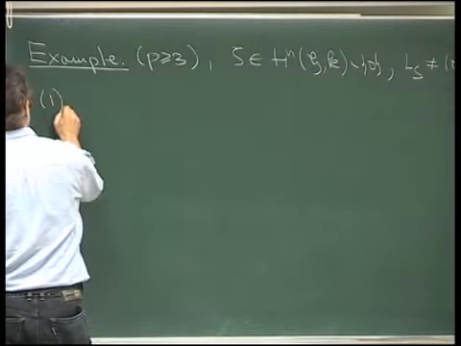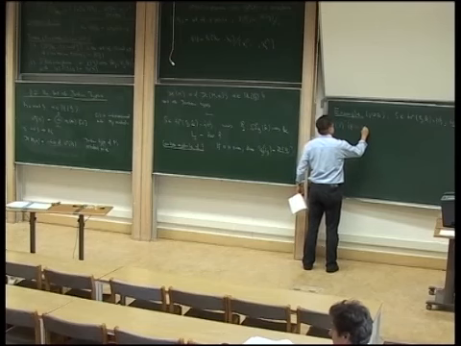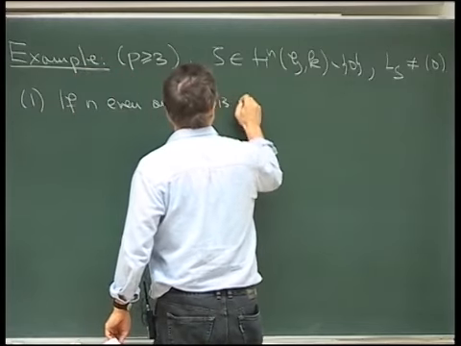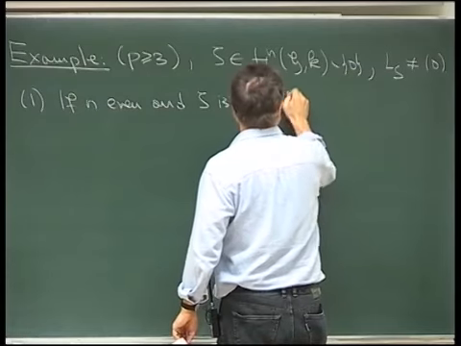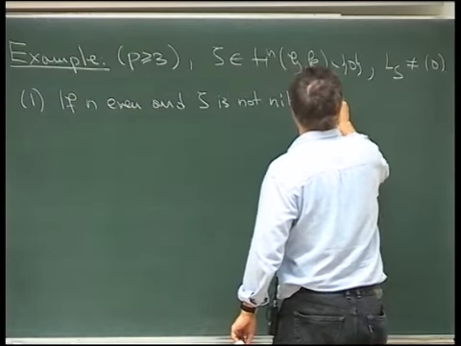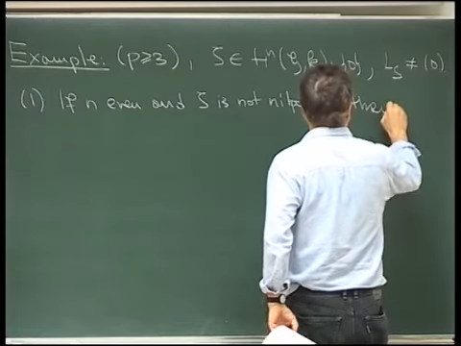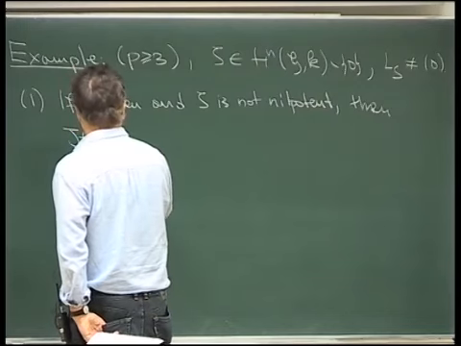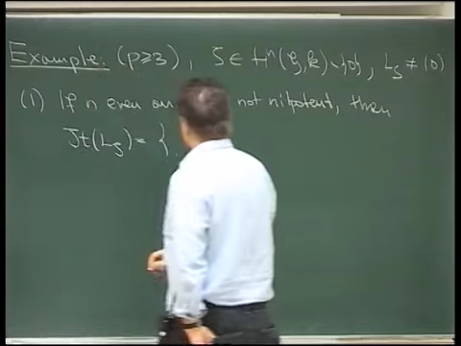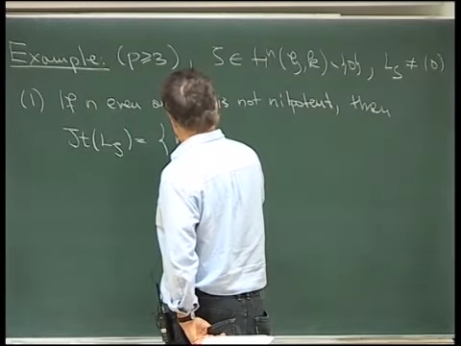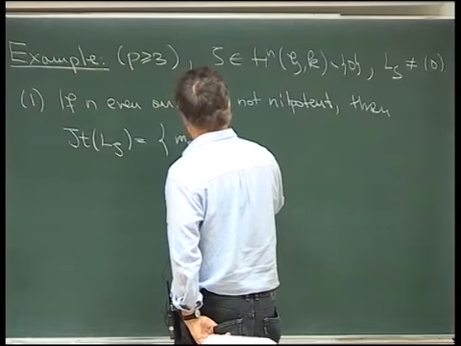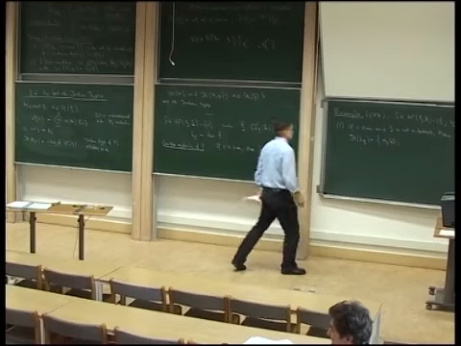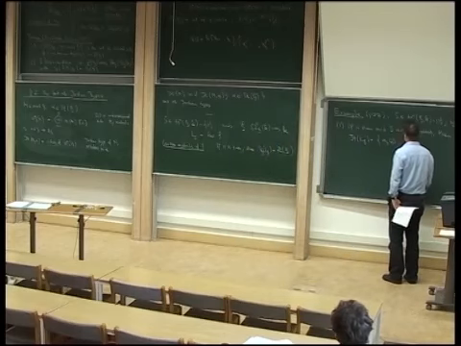So first of all, if n is even and zeta is not nilpotent, then the set of Jordan types of L zeta, well, you can either get a projective module, and then you just get a multiple of the unique projective of this algebra, which is the algebra itself, so the p-dimensional module.